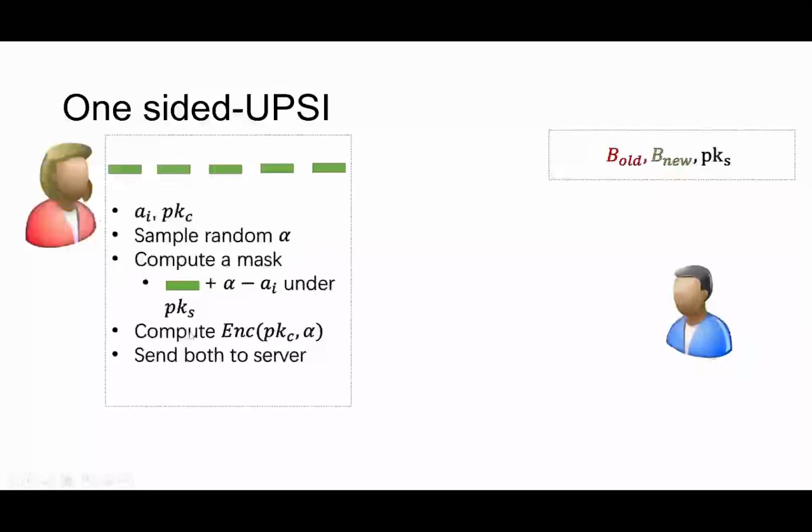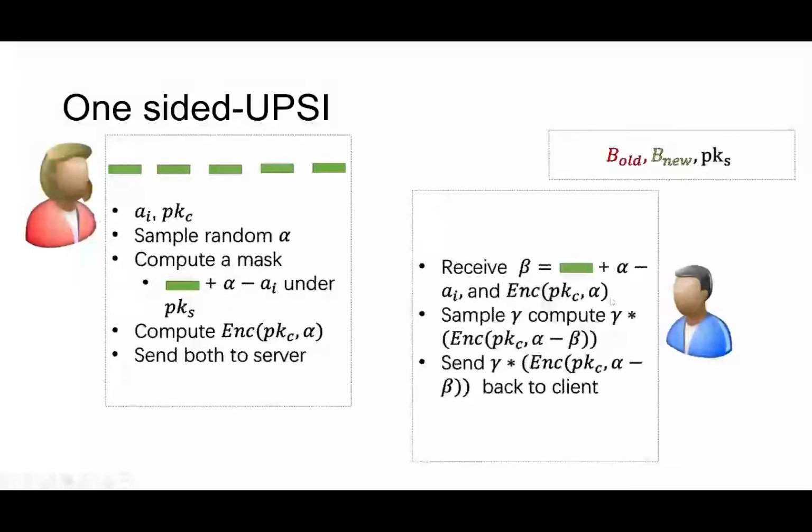And she computes the encryption of alpha using her own secret key. Notice that if the green bin contains a_i, they will cancel each other and only alpha is left. Upon receiving this mask, the server will immediately decrypt and get beta equal to this thing, and it will not leak any information because alpha is randomized for each element.